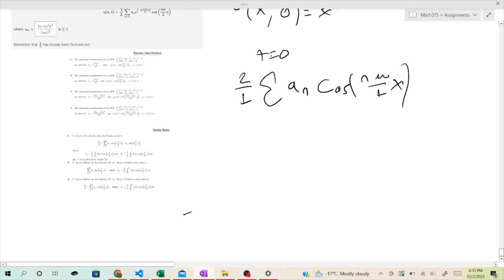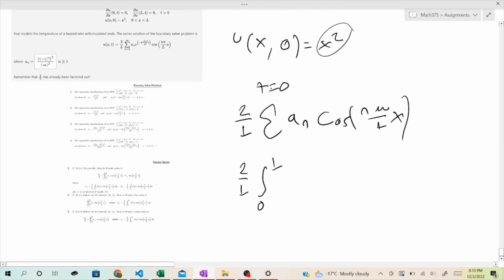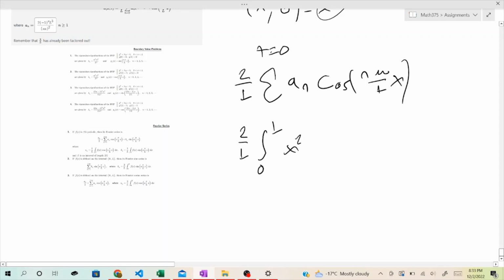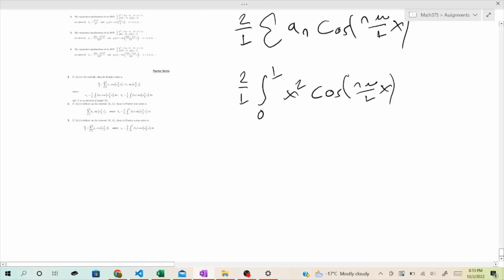Now we see here, to solve for that, we're going to say 2 over L, integral from 0 to L, f of x, which we know is x squared, and then cosine n pi over L x.